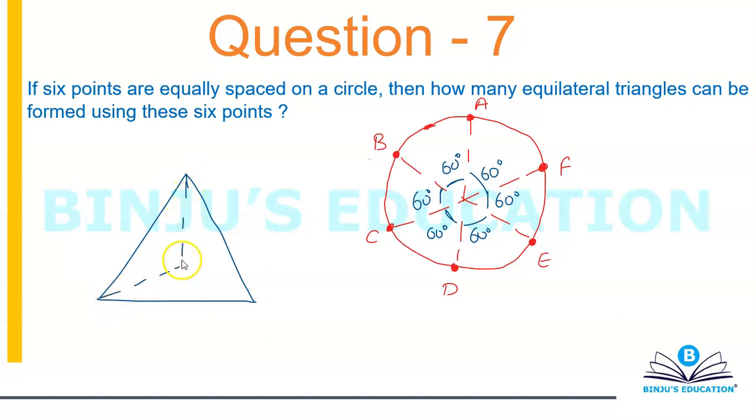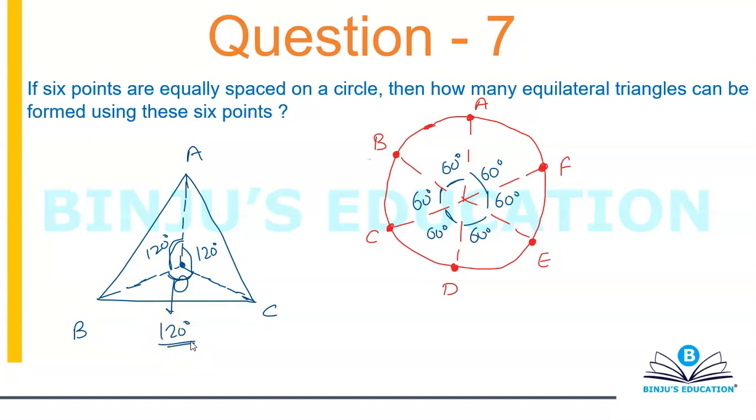If you connect the three vertices with the centroid, so let's say that ABC is an equilateral triangle and O is the centroid, which is the midpoint of the triangle, then the lines connecting the vertices and the center point make an angle of 120 degrees if the triangle is an equilateral triangle. Remember that.